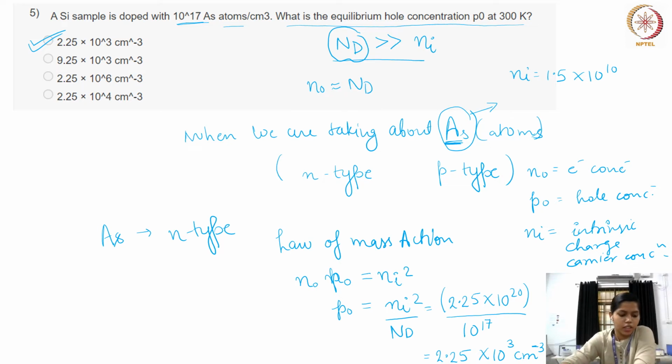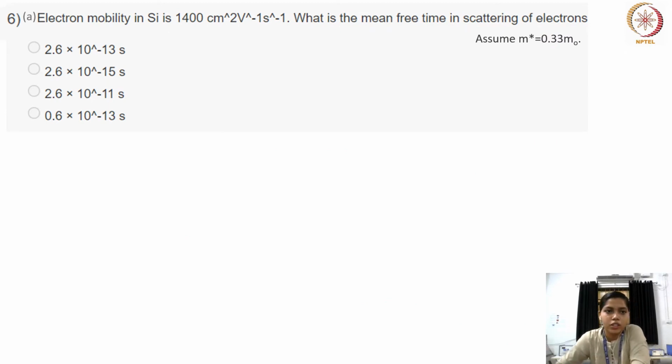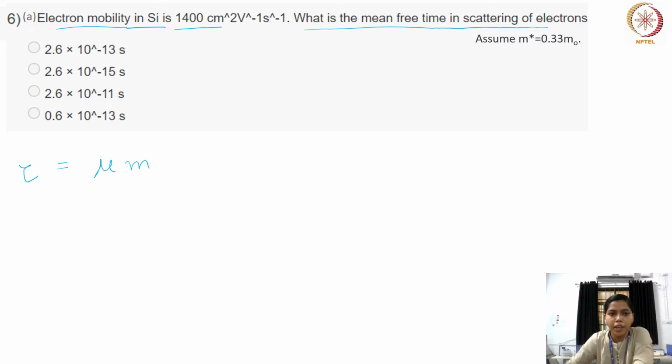Okay. So here is the next question. The question is, electron mobility in silicon is this value, and what is the mean free time in scattering of electrons? So the relation is like this. It is asking you the mean free time, and it is your mobility multiplied by effective mass divided by the charge on the electron. And it's also given there that m star is 0.33 times the mass of the electron.